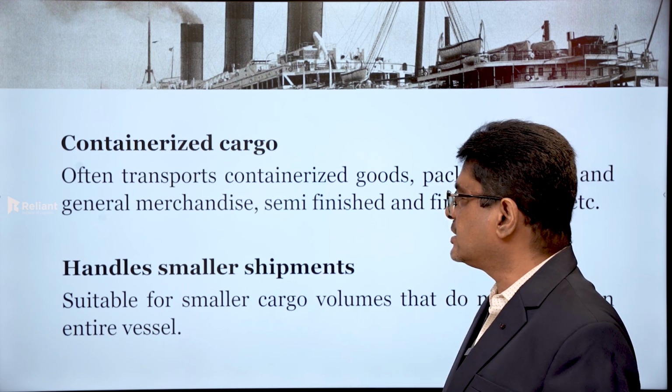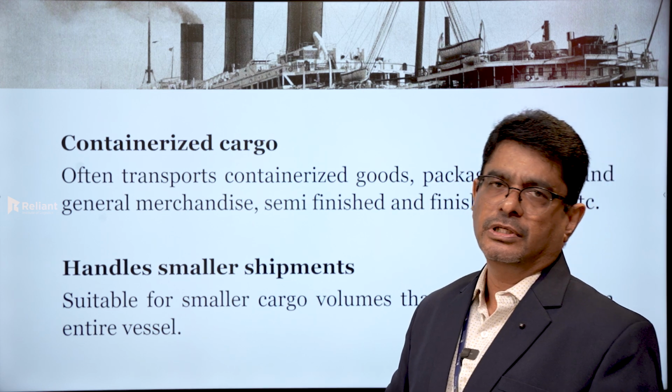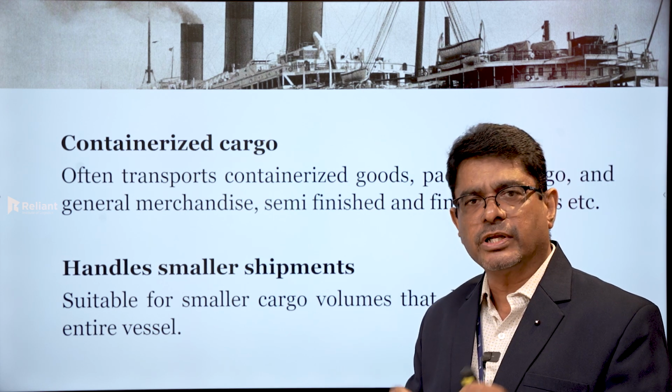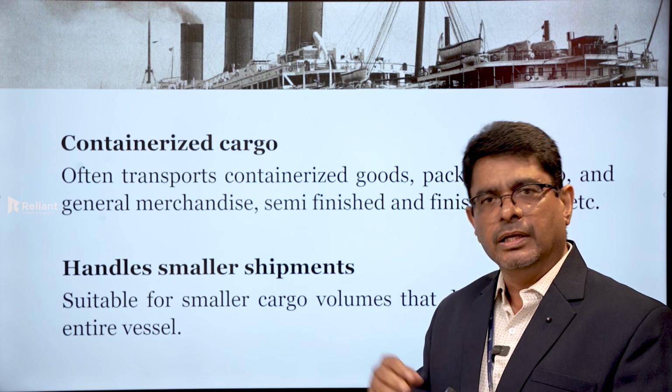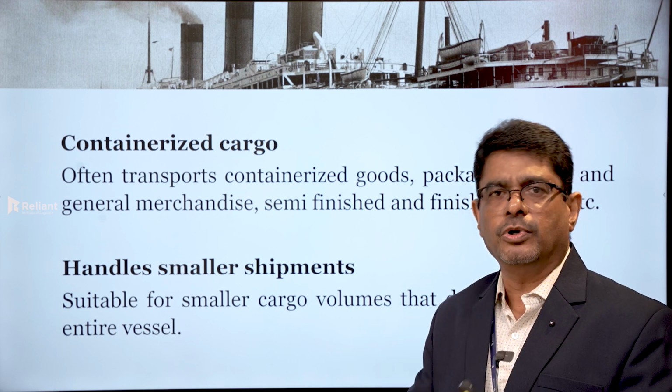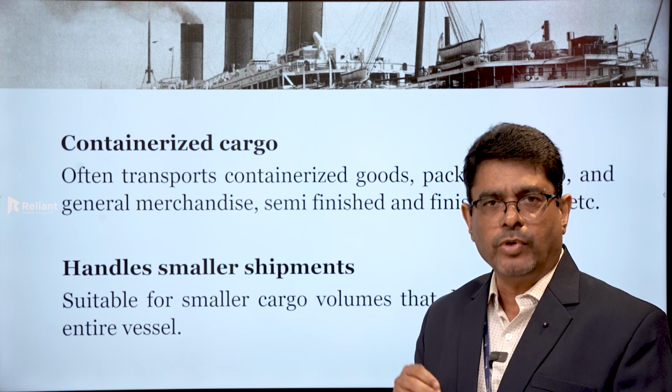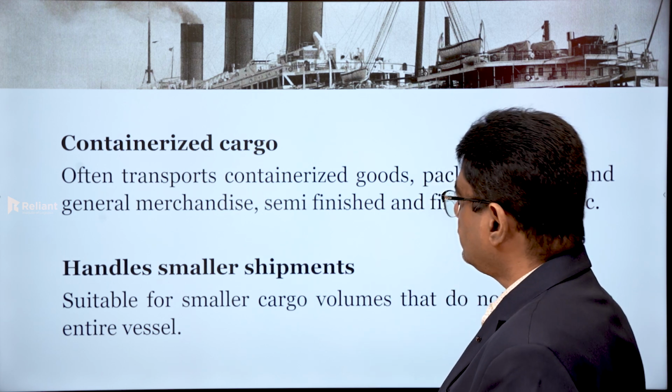Then it handles small shipments. It's not like bulk cargo where the whole ship is chartered for a single commodity. In liner services, small packages and small parcels are shipped from one place to another.